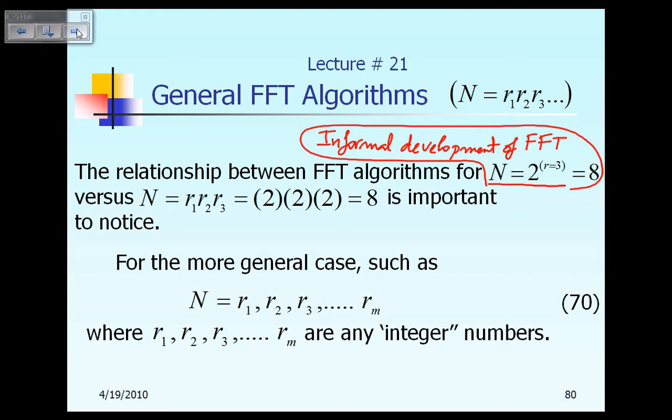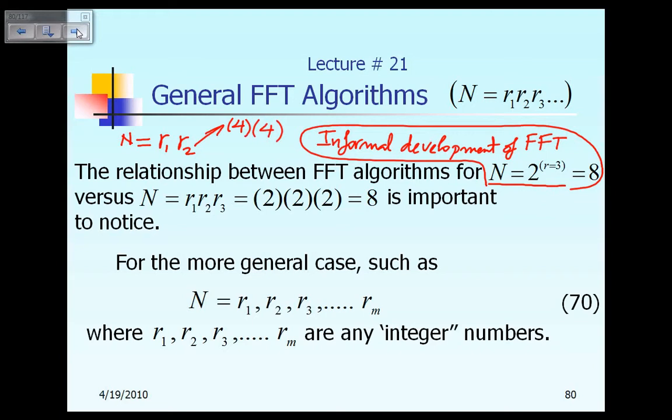That is what we did a long time ago. And then the previous two lectures considered the situation where capital N is not expressed in terms of 2 to the power r. Instead, it is expressed in terms of two integers, r1 times r2. In lecture number 19, we considered the situation where r1 is equal to 4 and r2 is equal to 4.